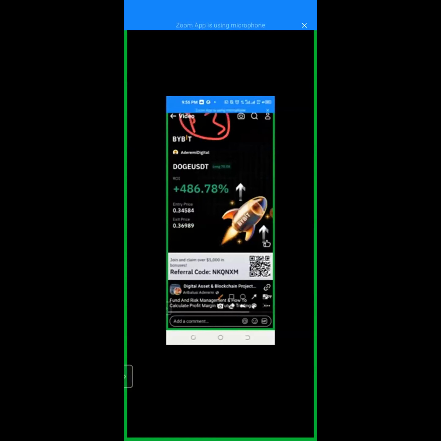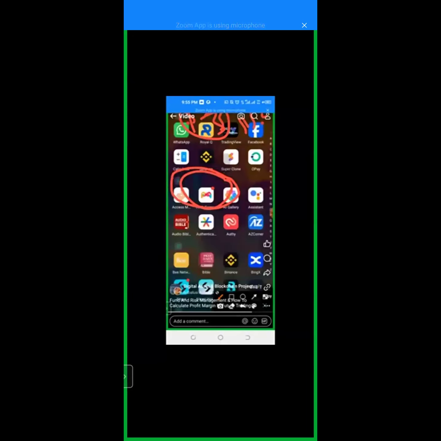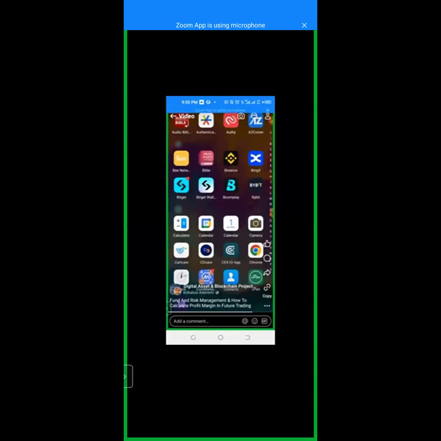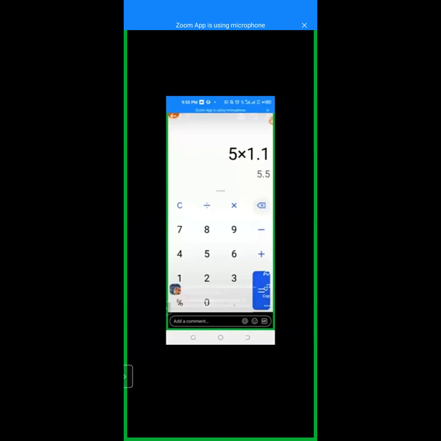When this trade ended, I know the ROI is very high. That's what makes trading very attractive. You put $3 in that trade as your margin out of $30, and the trade closes with 480%. If you go to your calculator, what will you get? 480% of $3, you are going to get $14.58 profit.